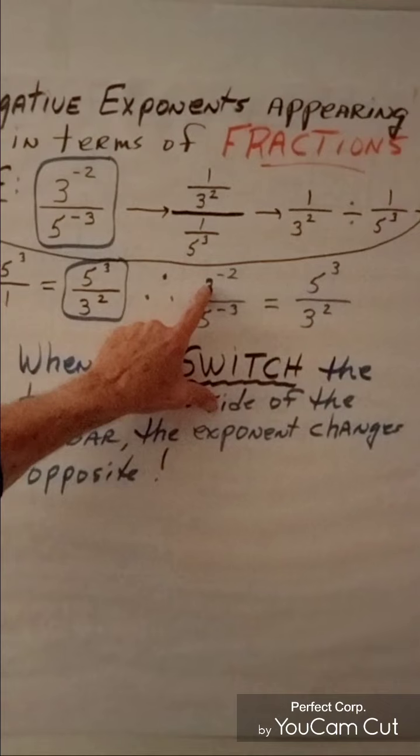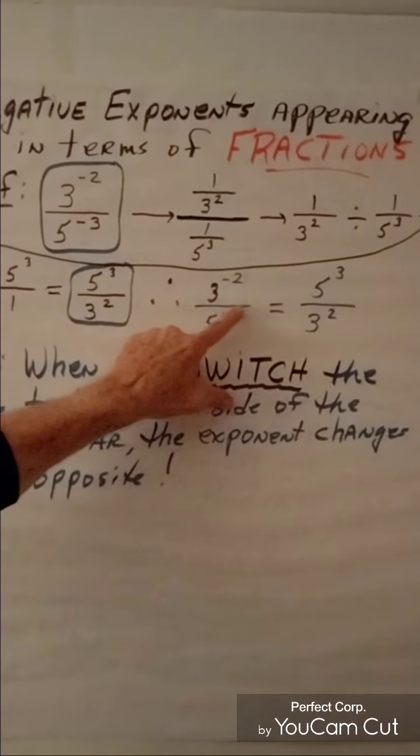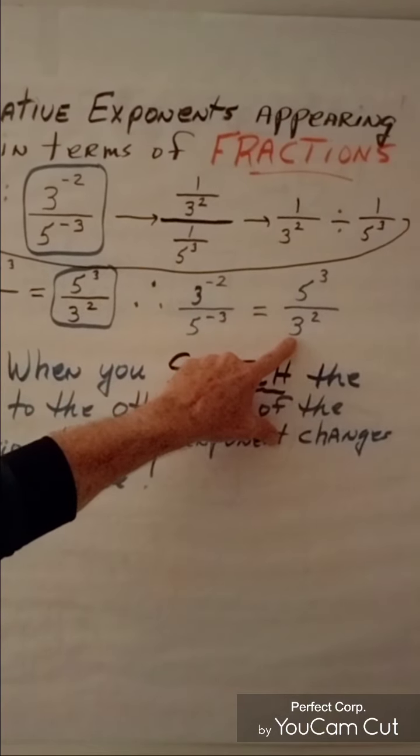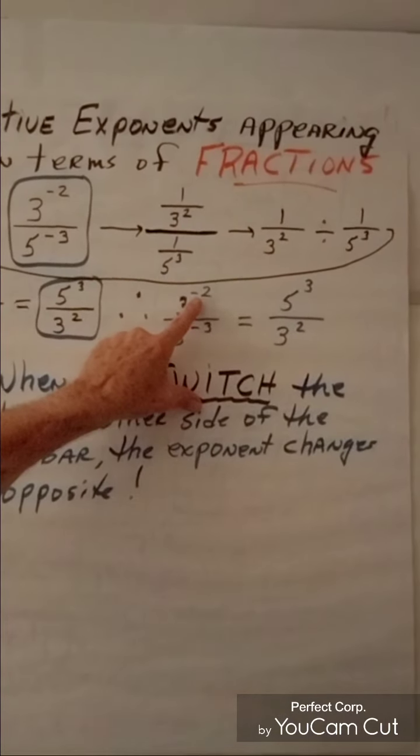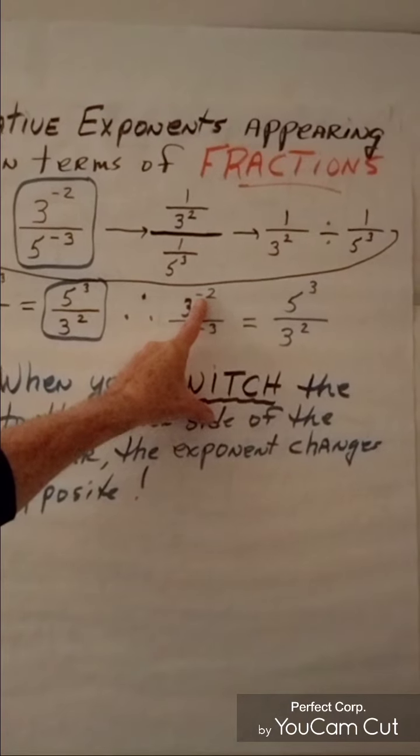If I switch this base to the other side of the fraction bar, that will then give me the authority to change its negative exponent to its opposite.